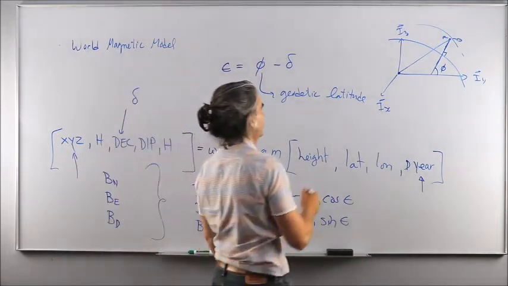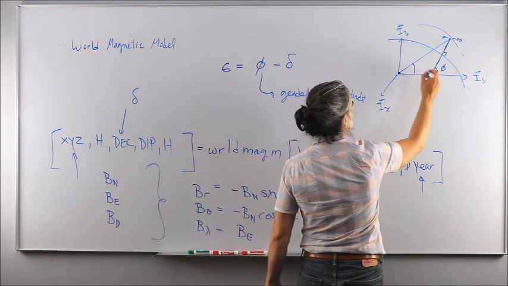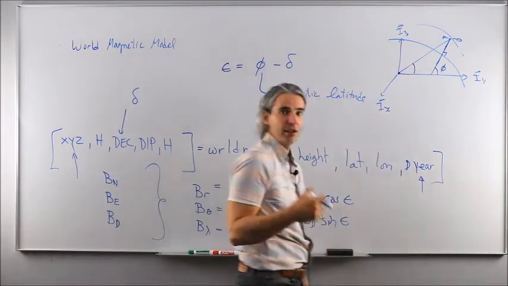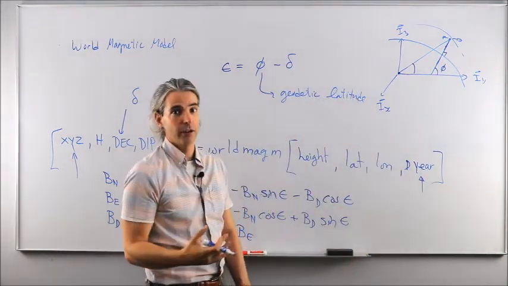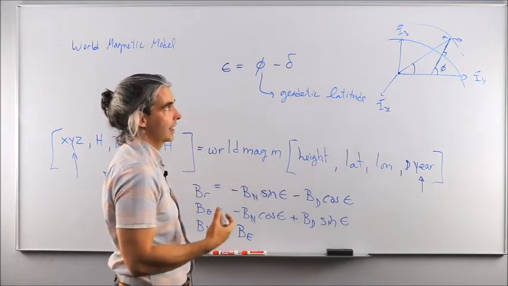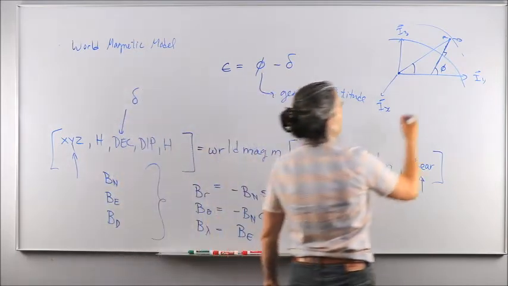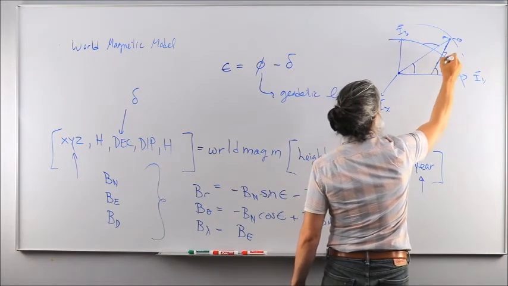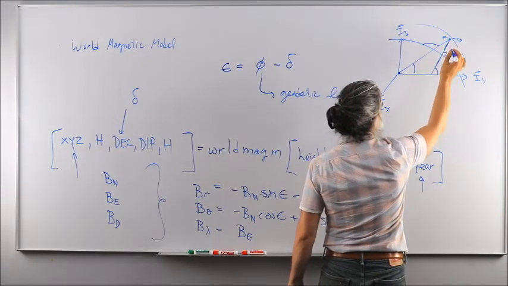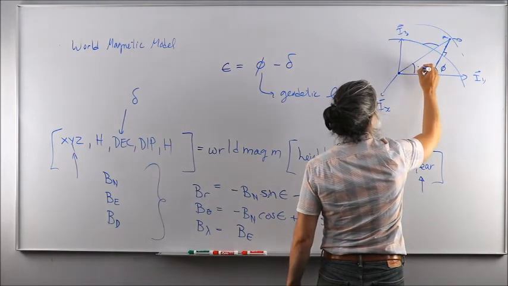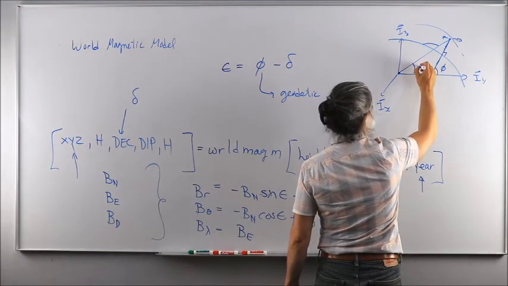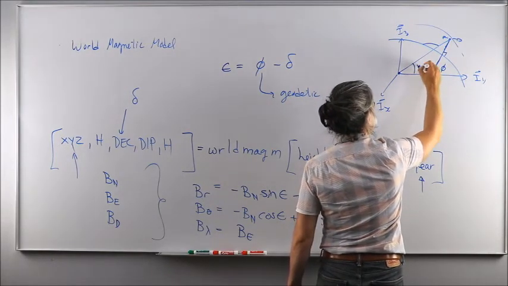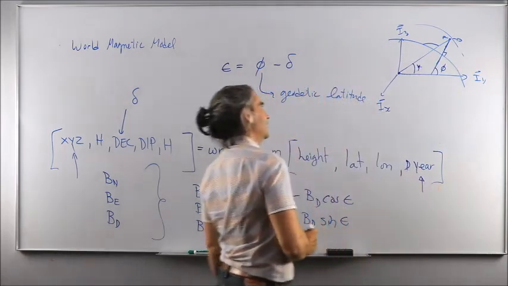And the reason why geocentric latitude is different than geodetic is because the Earth isn't a perfect sphere. Otherwise, those two angles would be exactly the same, right? By virtue of the non-sphericity of the Earth, this angle here is not 90 degrees, but it's something else, such that the geocentric latitude is not the same as geodetic latitude.